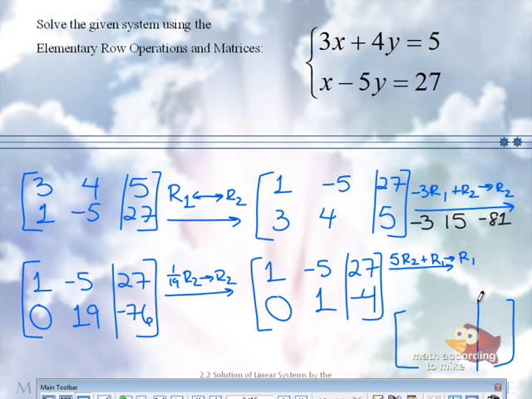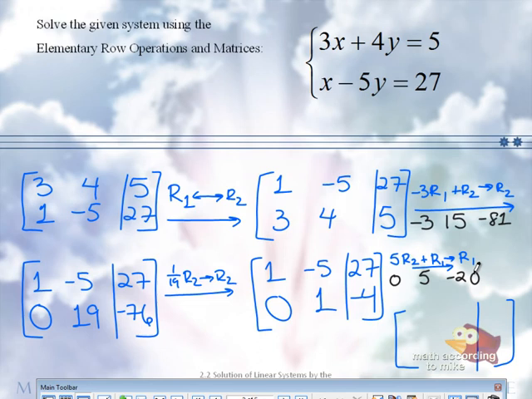So 5 times row 2. So 0. 5 times 1. 5 times negative 4. We're going to take these three numbers, which is 5 row 2, and add it to row 1. Is this okay?